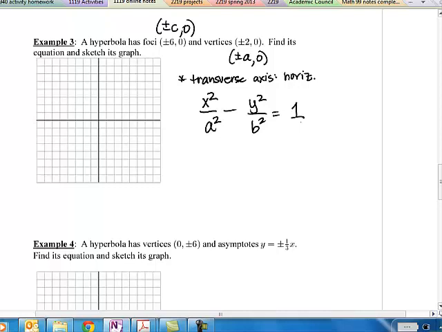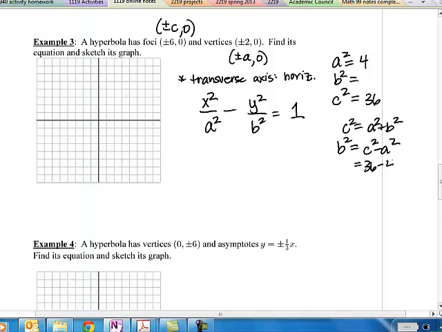We can see what a squared is, and we can see what c squared is, but we need to know b squared. So using this relationship, solving for b squared, we'd have c squared minus a squared, so 36 minus 4, which is 32.